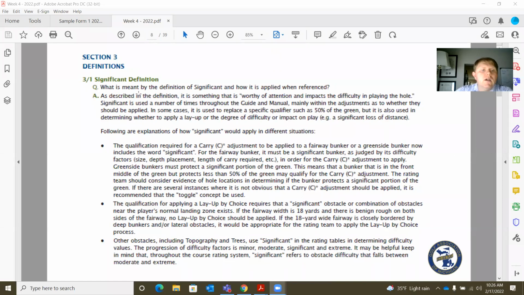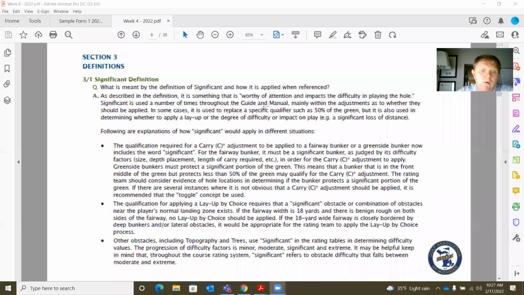Yeah. So when we mention significant, what we're talking about here in a lot of cases is, in previous books, it used to say that 50% of the green, when we were talking about this adjustment I plus, it was 50% of the green.